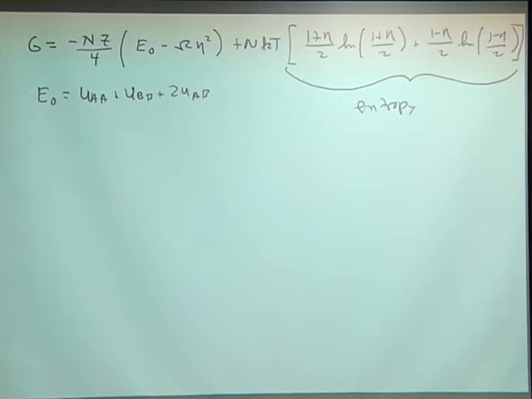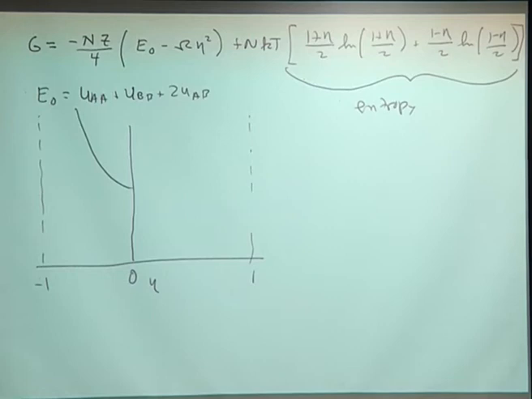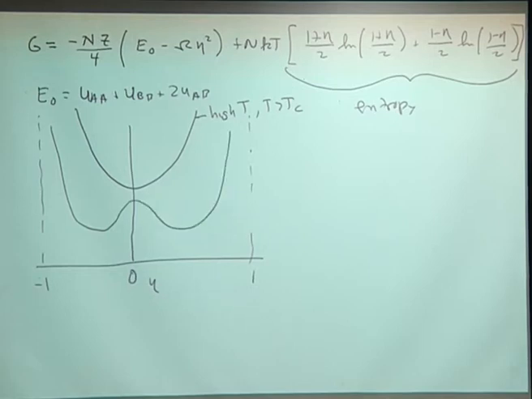And so if you plot the free energy as a function of order parameter, they're bounded by 0 and 1. At high temperature, it looks like this. T greater than the critical point, it looks like that, where you have a completely disordered structure, eta equals 0. And then you have something that looks like that. This is low temperature.